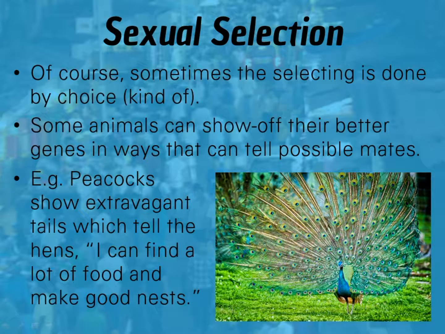So that's what all of these bright colors in the animal kingdom are actually showing to potential mates. They're showing, I have better genes because look how impressive my feathers are. Only someone who can find a lot of good food and keep themselves safe could possibly have such a beautiful tail as this. So that is the idea of sexual selection.